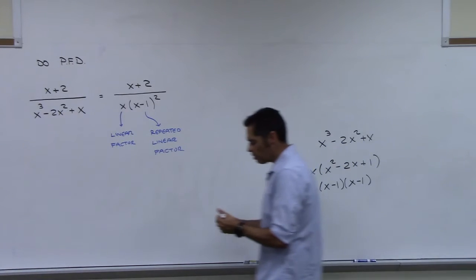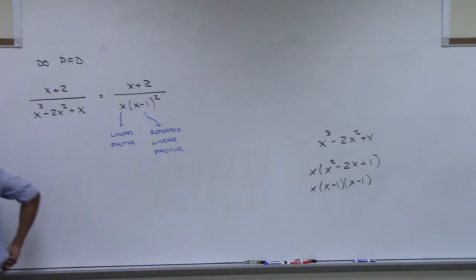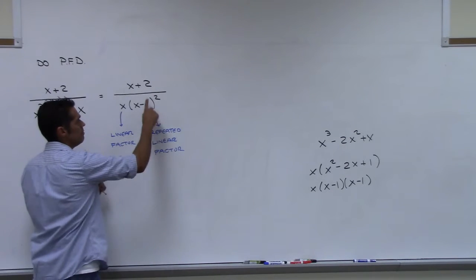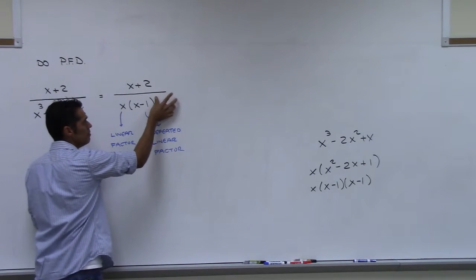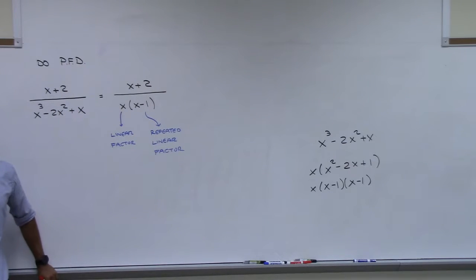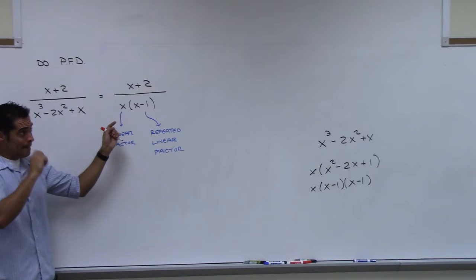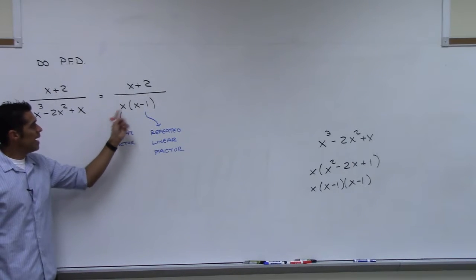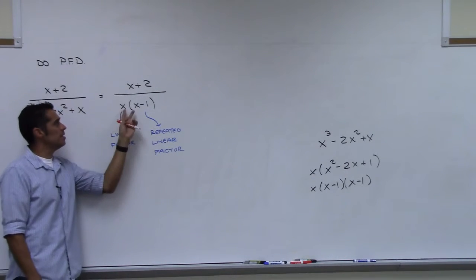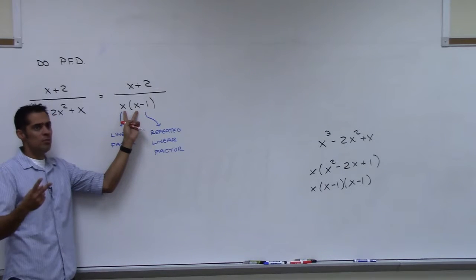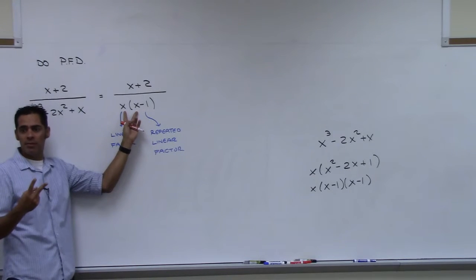Just a quick little quiz, not literally a quiz: if this had not been squared, what would we call these? These would be two distinct linear factors, right?